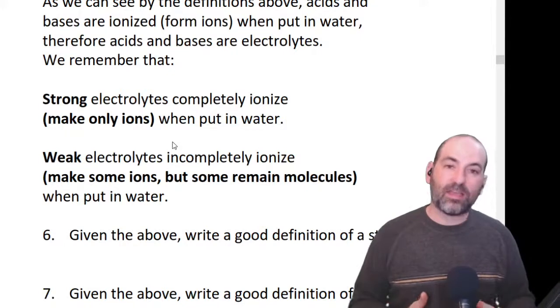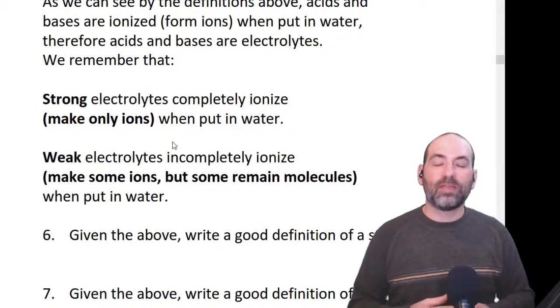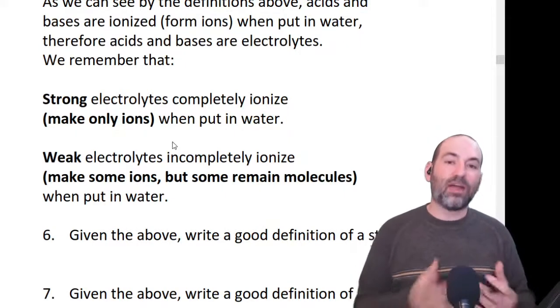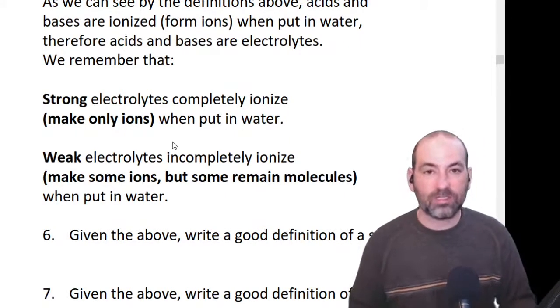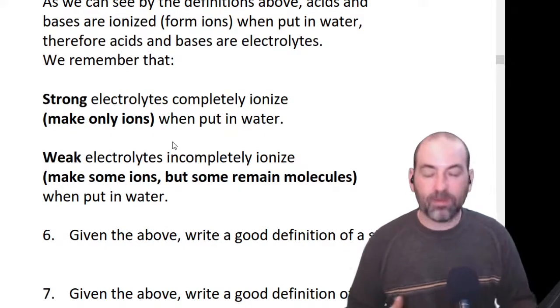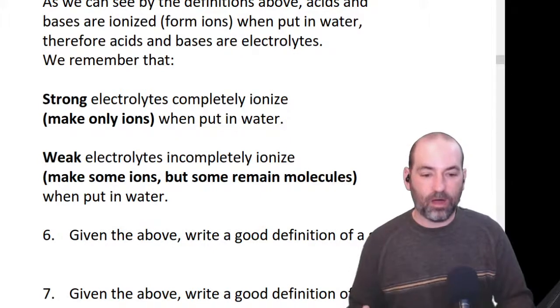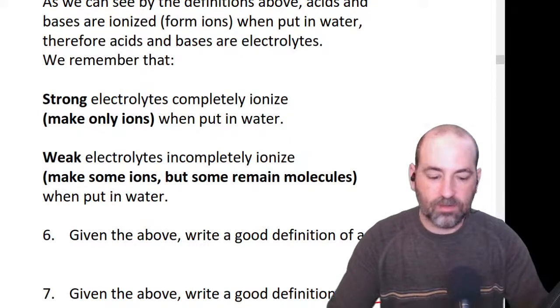Another acid, like acetic acid, if we dissolve that in water, we get some hydronium ions, but we get mostly neutral acetic acid molecules. And that makes it a weak acid. It doesn't form entirely ions in water. I think there is a diagram of this in the book as well.